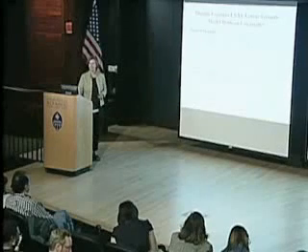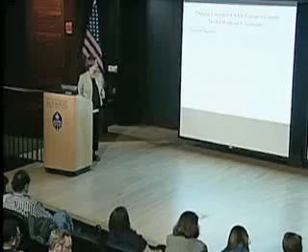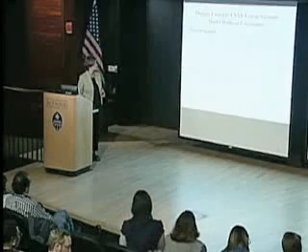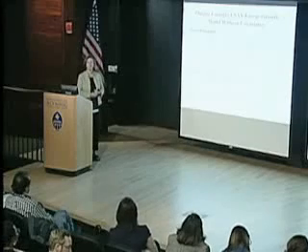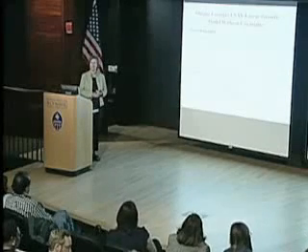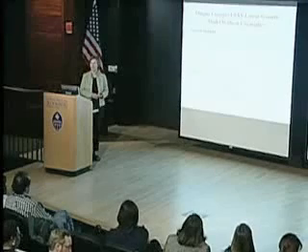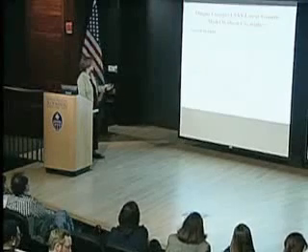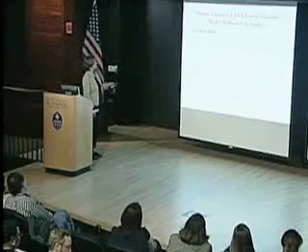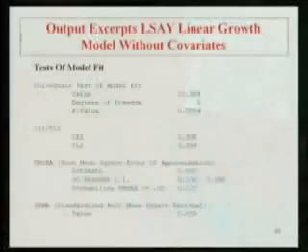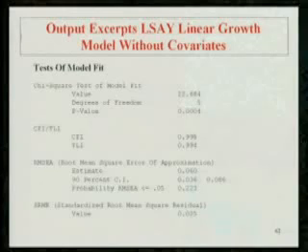And let's take a look at some of the results. The first thing that we're going to get in our results section of the output are tests of model fit. We give the chi-square test value, so 22.664 is the chi-square value.